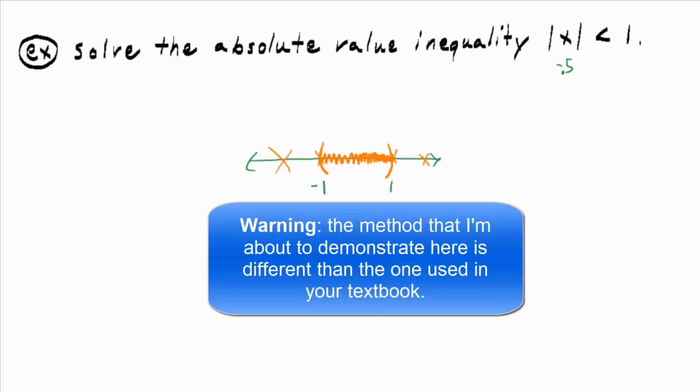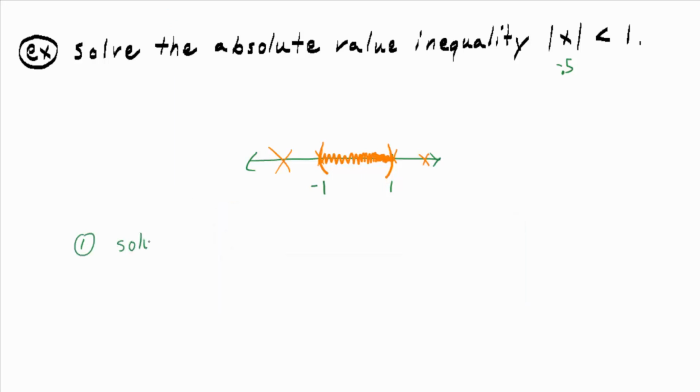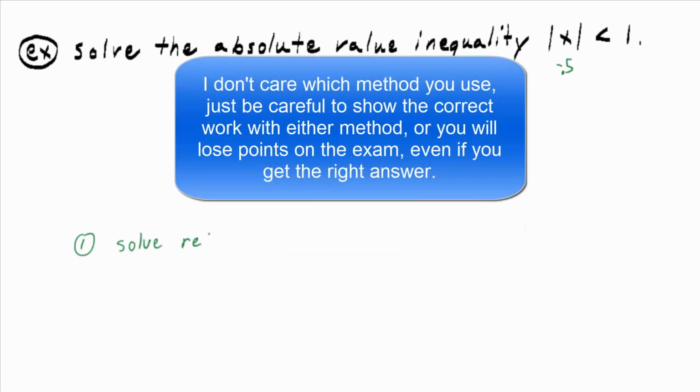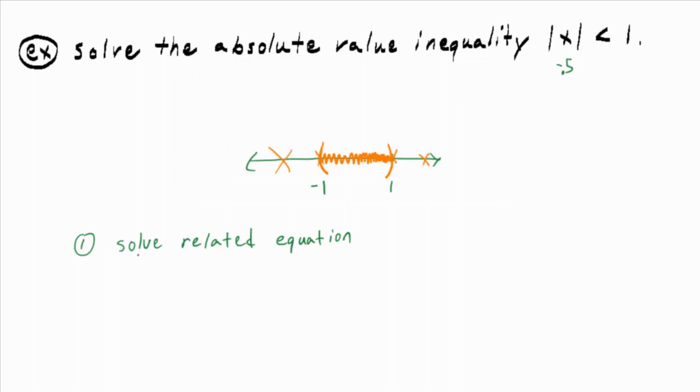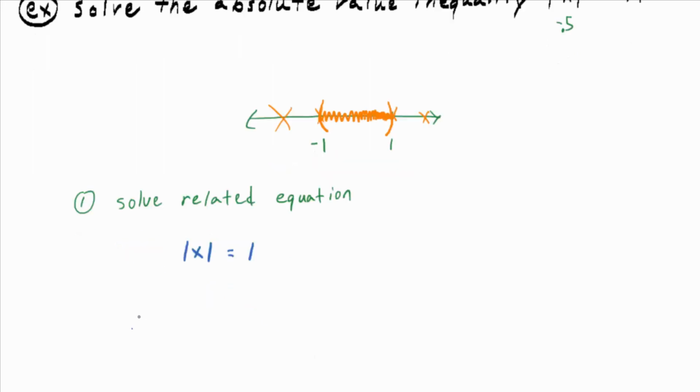So step 1 in solving an absolute value inequality, I would say solve the related equation. So these are general principles, general steps, but within them I'm going to actually do what I'm telling you with regard to this particular problem. So the related equation is the absolute value of x equals 1. x can only be one of two things.